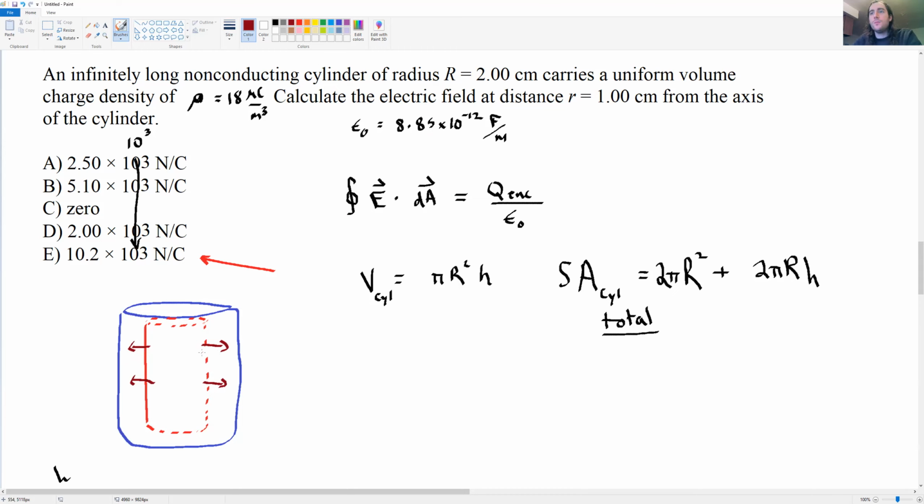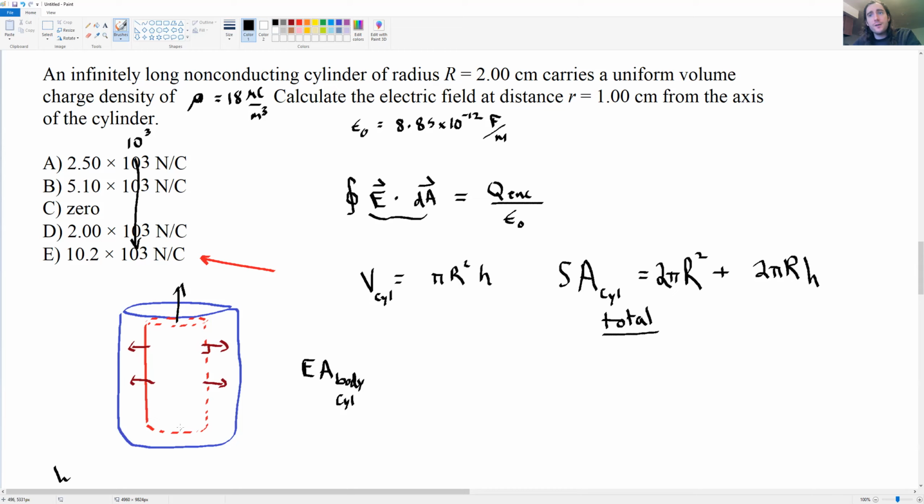So the angle between the electric field and the surface element is always going to be 0. In other words, the electric field is perpendicular to the surface. Remember, the area element vector always points perpendicular to the surface. So our E dot dA part of Gauss's law here becomes E times A, and it's the area of just the body of the cylinder.